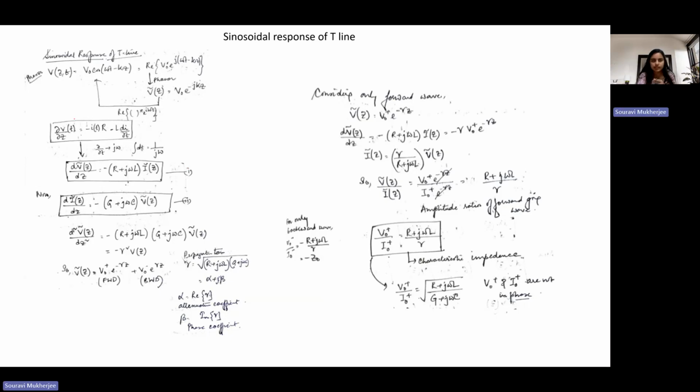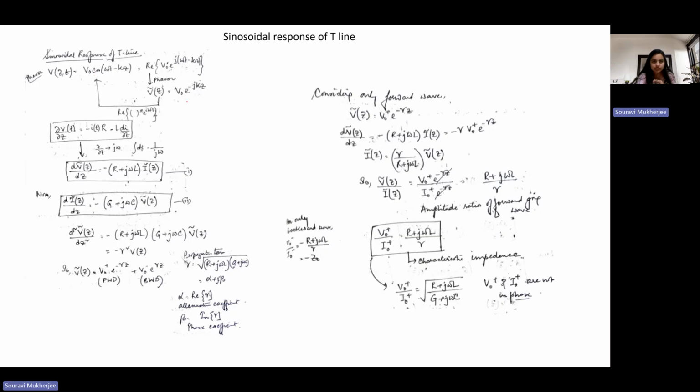Now in a general situation, because you have understood that the solution to the wave equation is some wave, you can write the voltage in terms of something like V naught cos(omega t minus kz), where z is along your transmission line. Okay.